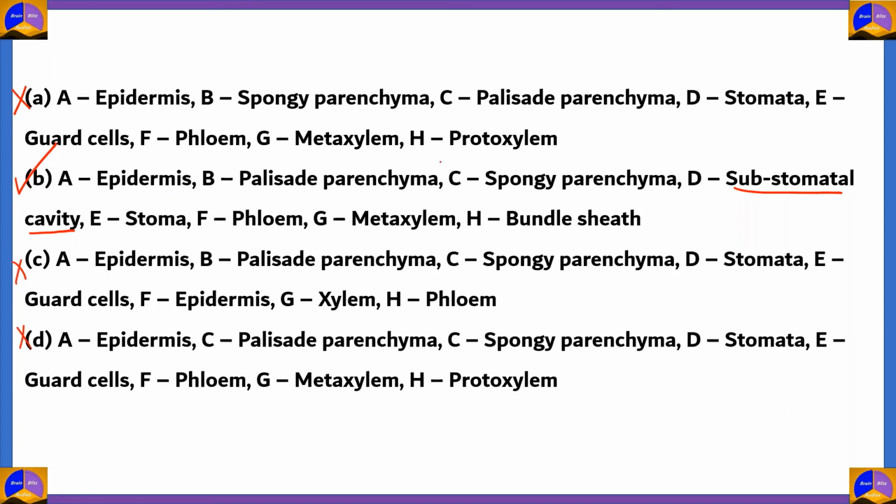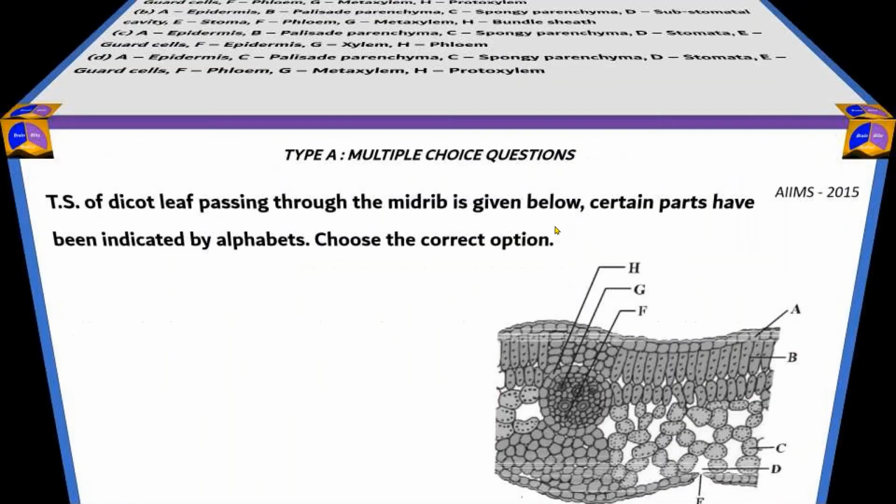So the part A is epidermis, the part B is palisade parenchyma, the part C is spongy parenchyma, the part D is substomatal cavity, the part E is stomata, F is phloem, G is metaxylem, and H is bundle sheath.